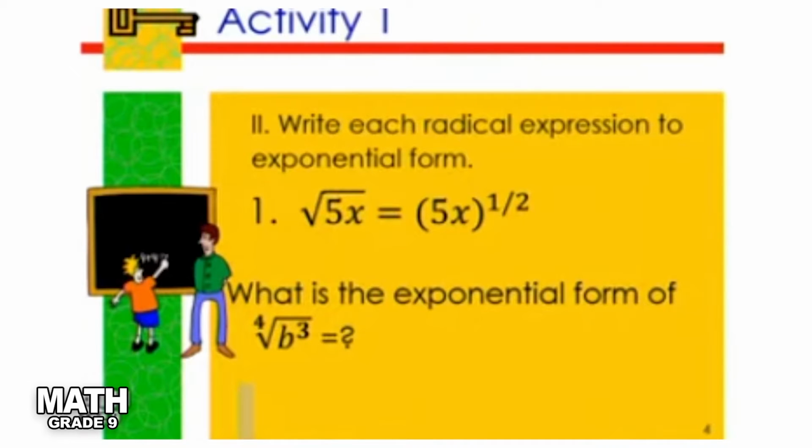I repeat, what is the exponential form of the 4th root of b cubed? What is your answer? The answer is b raised to 3 over 4. Good job! You can answer the remaining items for your practice. Meanwhile, we will proceed to our lesson.